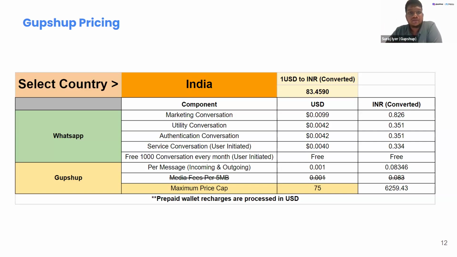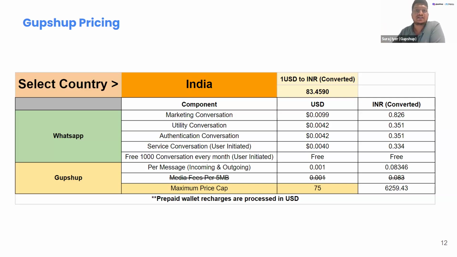Talking about the Gupshup fee, we have a per message fee that is for both incoming and outgoing. Please note that a per message fee is different from a conversation fee. Within a conversation, there can be multiple messages involved, and Gupshup will bill for every such message. However, WhatsApp only bills for a conversation where the conversation window lasts for 24 hours.